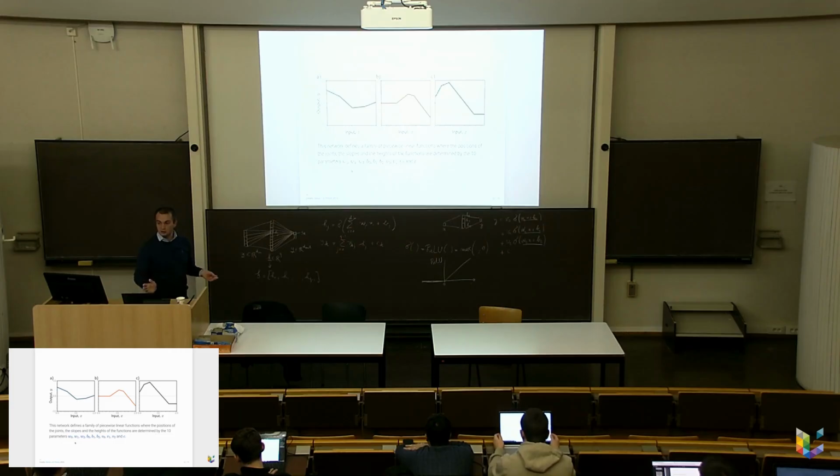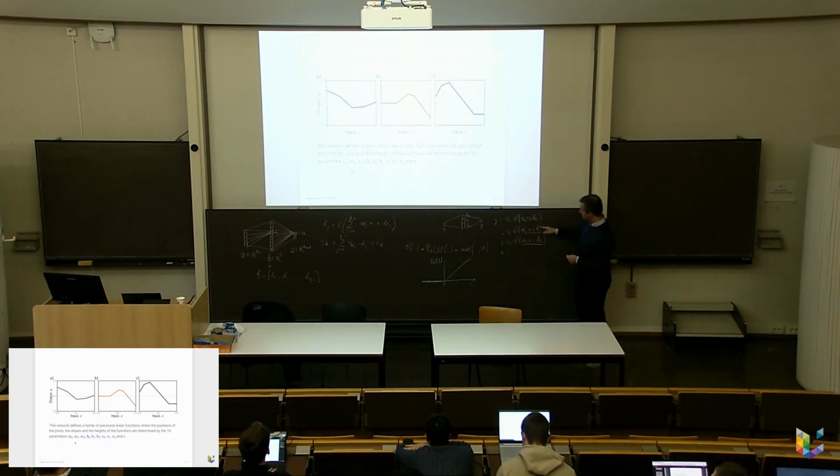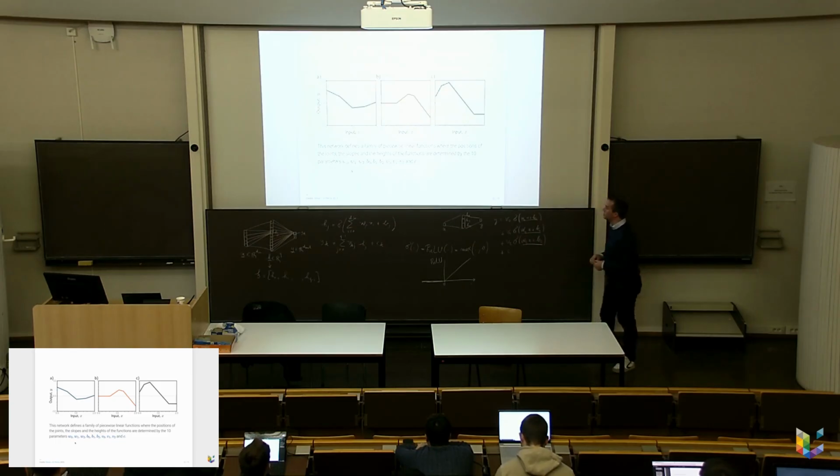So in this case, what are the parameters? We have all the W coefficients, all the B offsets, all the V coefficients, and the final offset. Okay, so we have 10 parameters, and depending on the values that we set for these 10 parameters, we will obtain one or the other piecewise linear function that you see there on the slide.